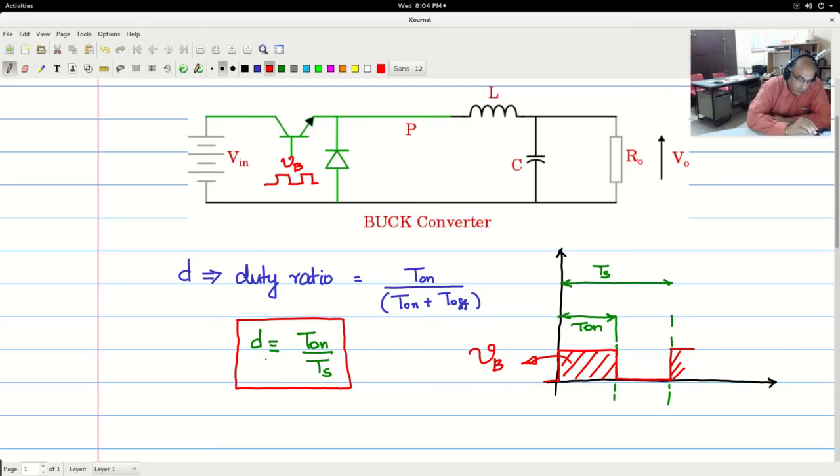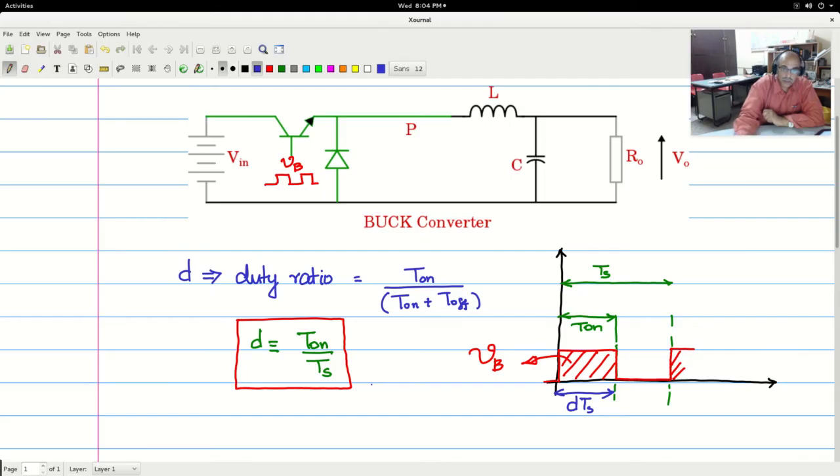Now let us use this D, which is equal to T on by Ts, for obtaining the input output relationship. Just remember that this part of the time T on is now dTs.